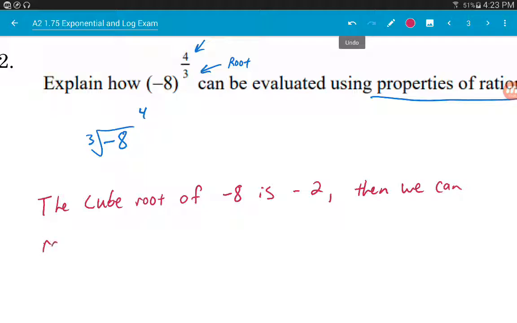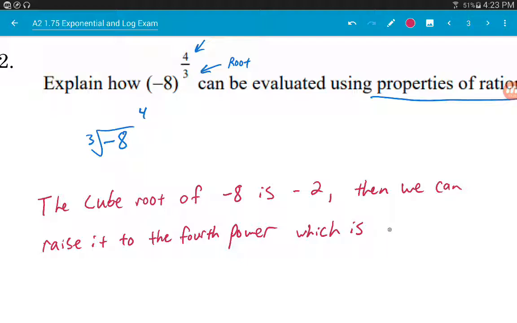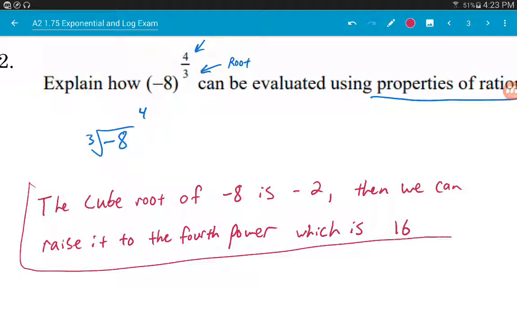Then we can raise it to the 4th power. Which is 2 times 2 is 4, 8, 16, positive 16. This is an acceptable answer.